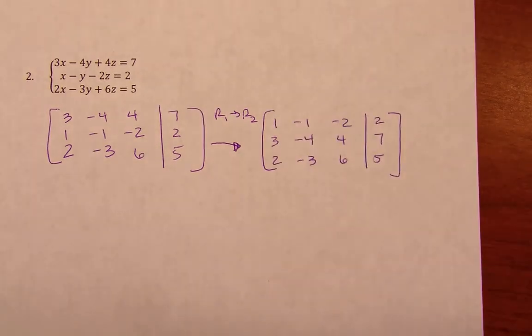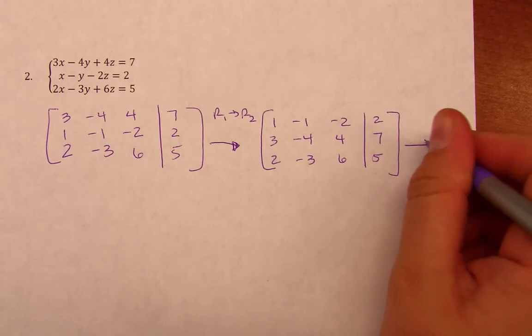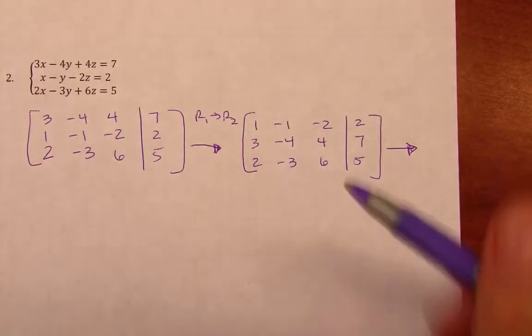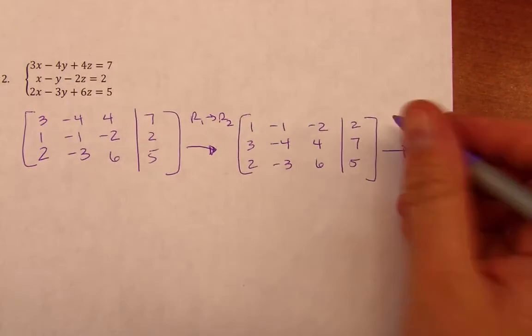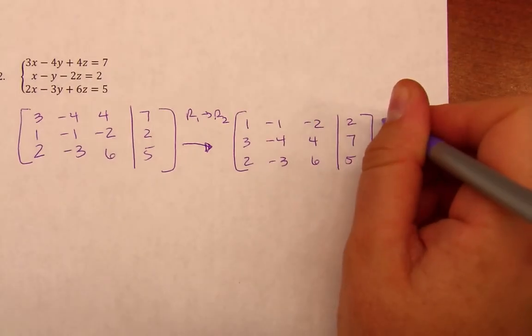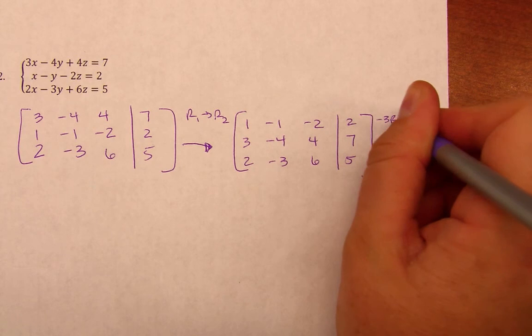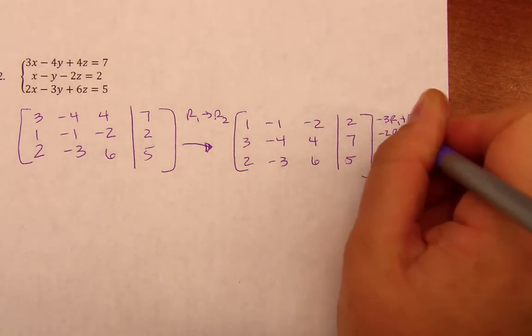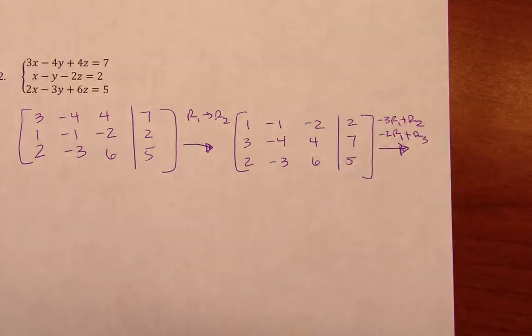And now we're going to try to get this into the form we're looking for. I want to try and get zeros here, so I'm going to do the same thing I did in that first example. I'm going to multiply row 1 times negative 3 and add it to row 2, and negative 2 times row 1 plus row 3.